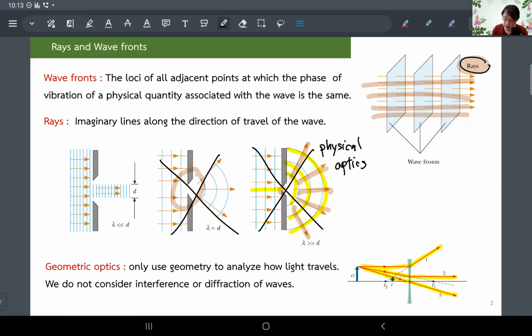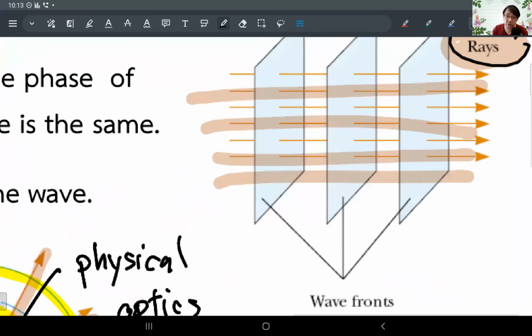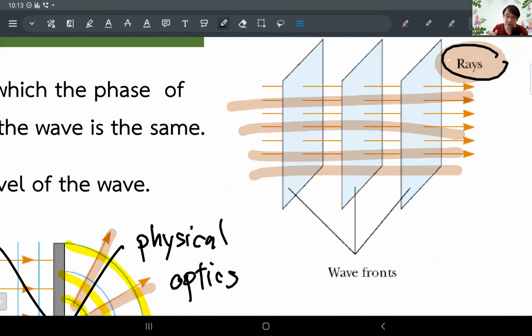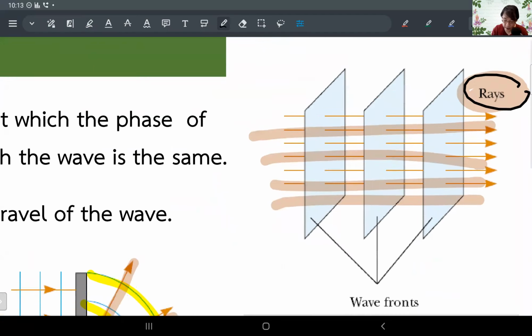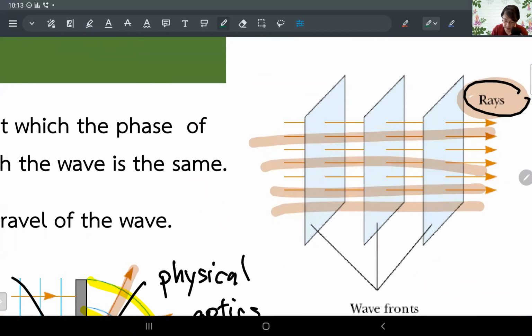Okay. And the common sense of the ray is, of course, because it only tells the direction of the propagation, the actual fluctuation of the wave turns out to be perpendicular to that. So that means if you look perpendicular to the direction of the ray, that will be the actual fluctuation up and down. However, because light is an electromagnetic wave, you don't have a particle, like a water particle or string particle, oscillating up and down.